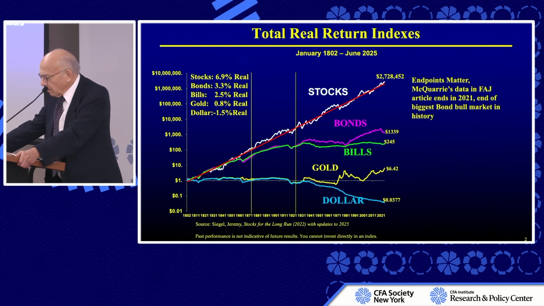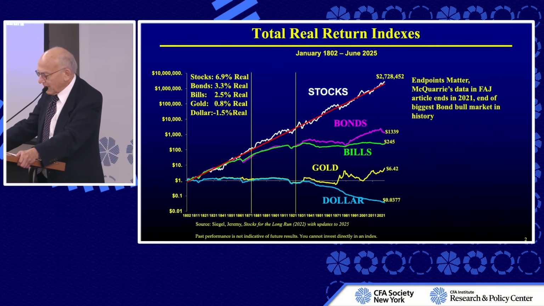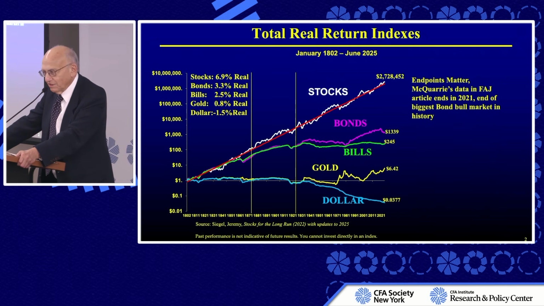And I said endpoints matter. This is not quite right because I asked Ed last night. His article ends in 2019, right? The data. 2021 marked the biggest bull market in bonds in history.